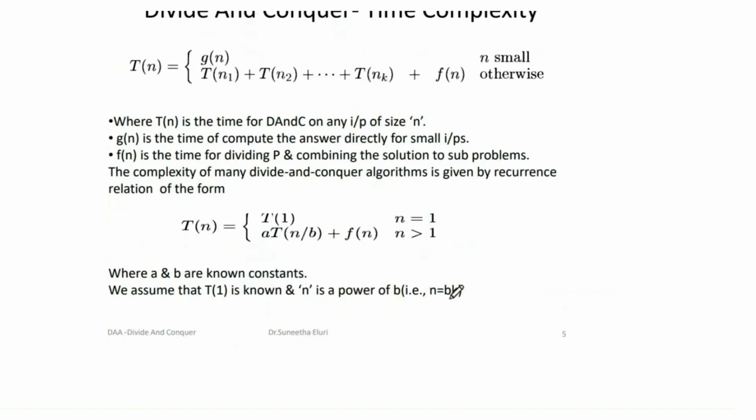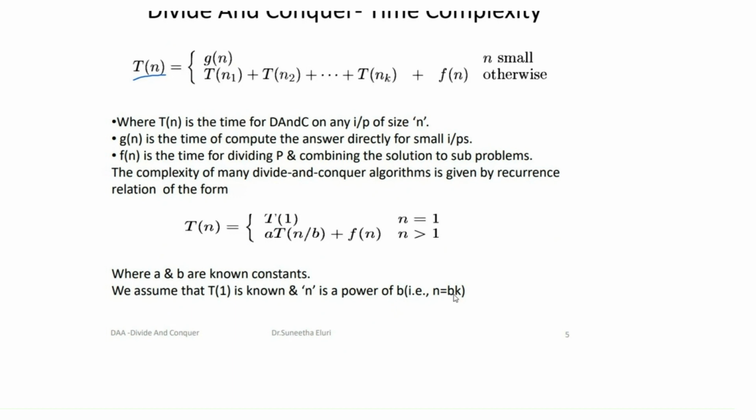So let us consider T of n is the time complexity to find out the solution of the entire problem, and if n is small, meaning the problem is very simple in nature, it is equal to g of n. Usually this can be represented as a constant value.